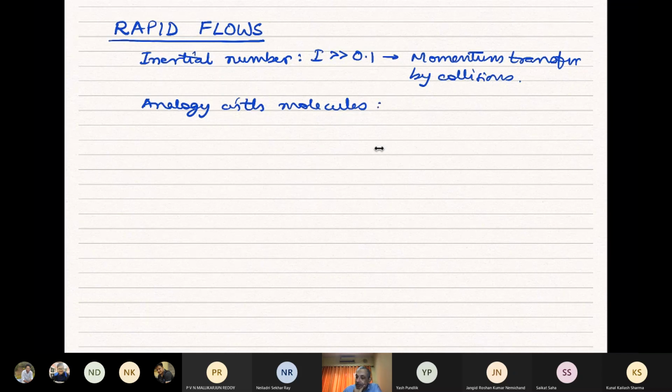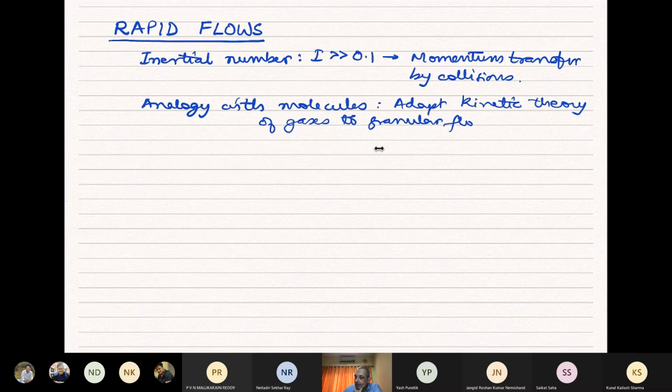So you can just adapt kinetic theory of gases to granular flow. Okay.